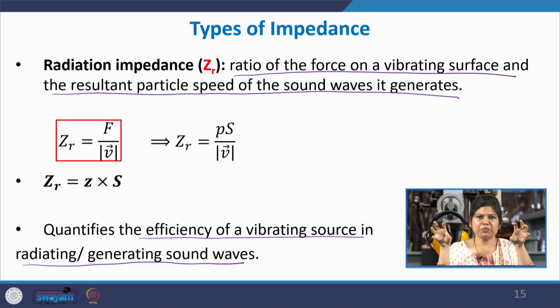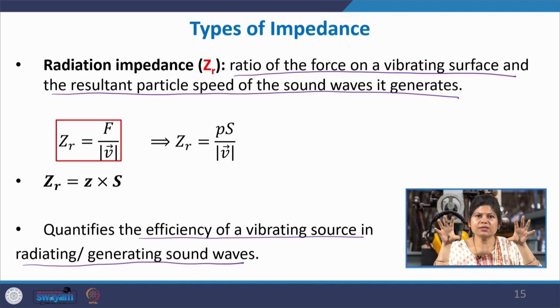Suppose we have two spheres, both of them pulsating, expanding and contracting, with the same force. The force is measured on the surface, because the surface is vibrating because of the expansion and contraction, so we can represent it as the vibration of the surface.